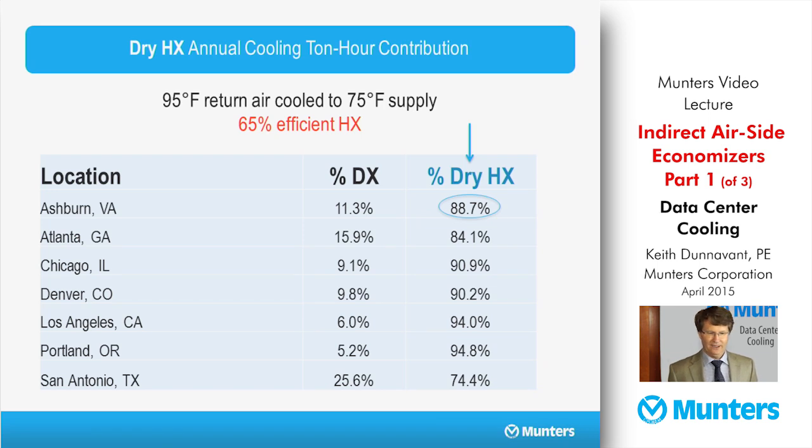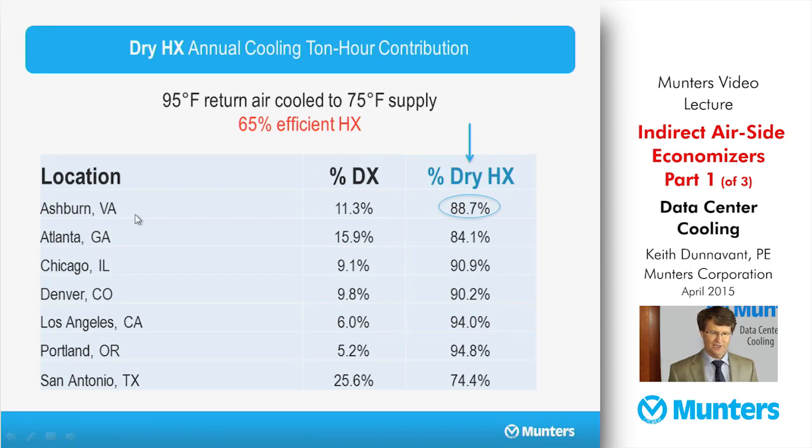Here we have an annualized performance for various U.S. cities in terms of ton hours of contribution from both the heat exchanger and the refrigeration component. For this example, we're looking at 95-degree return, cooling to 75 degrees Fahrenheit supply, and using a 65% effective air-to-air heat exchanger.